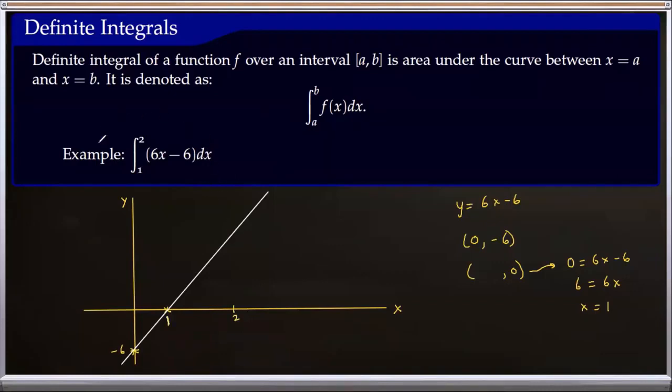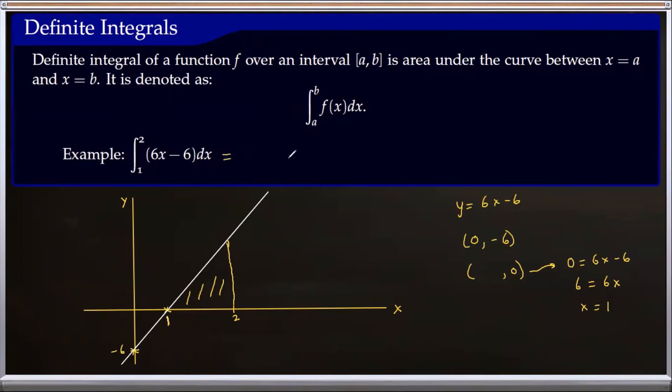Now this integral is the area under the graph of this straight line between 1 and 2. So this area over here. Since this graph is a straight line, it's quite easy to find this area. It's a triangular region.